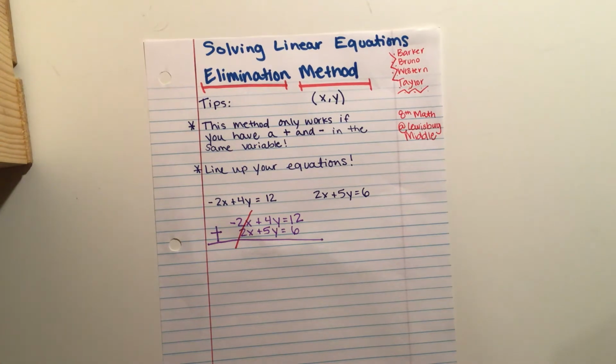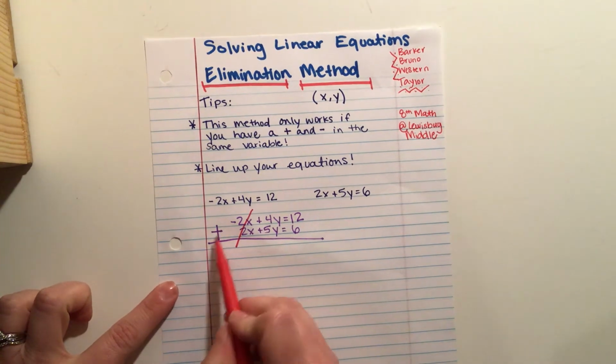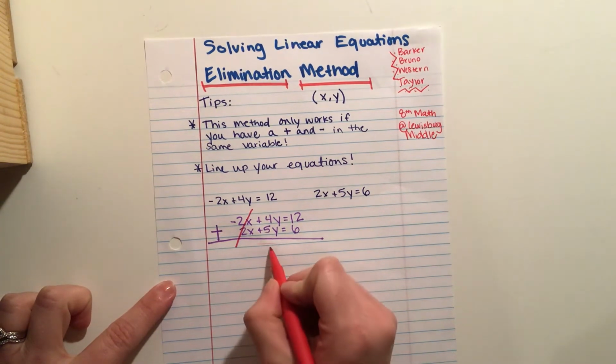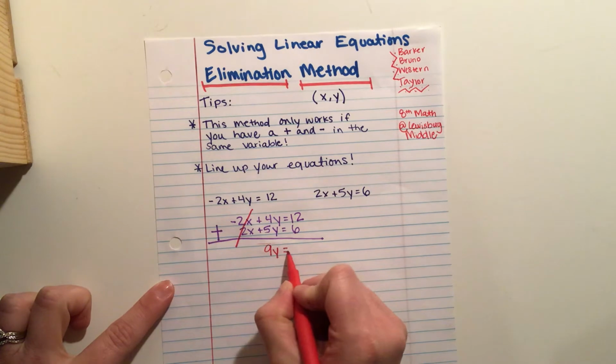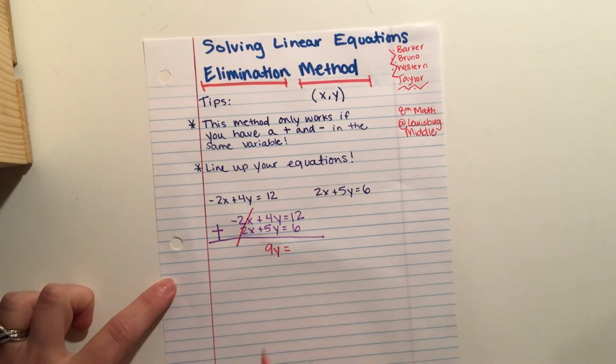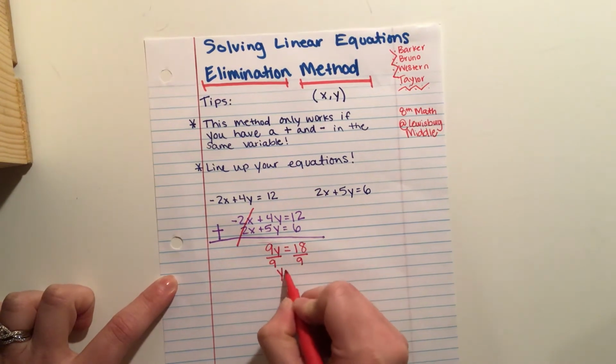We're going to go back to it in just a few minutes, but right now, it's eliminated to easily solve for y. 4y and 5y makes 9y equals 12 and 6, adding up together, equals 18. Now you just easily solved for y.